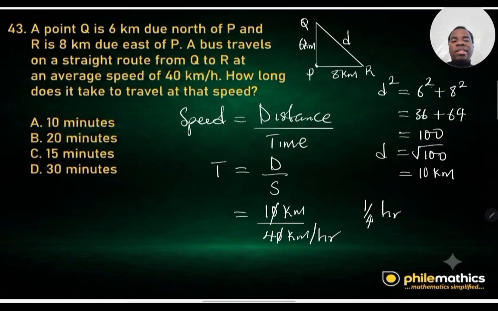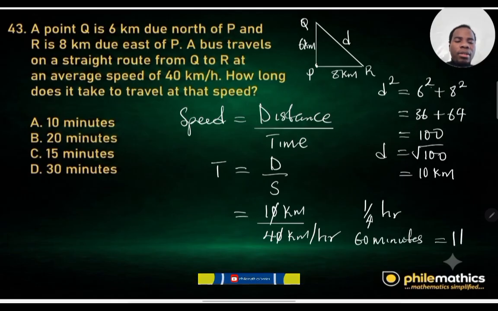We need to convert this to minutes to be able to see the answer correctly. We know that 60 minutes makes an hour. So how many minutes gives 1 over 4 hour?